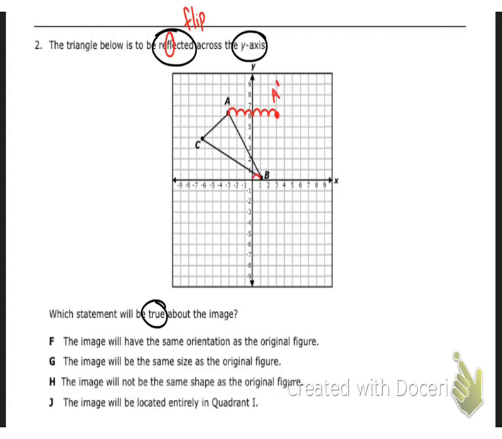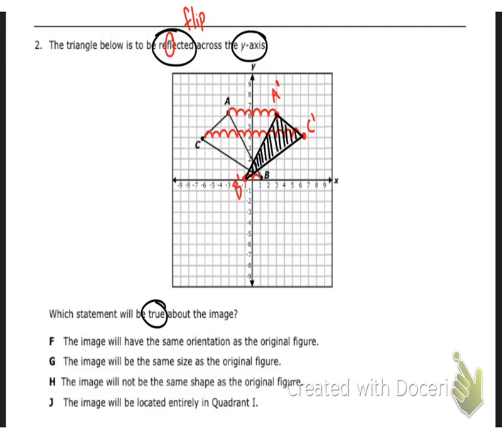So I'll do the same thing for the others. Notice B is 1 away from the y-axis, so it's 1 away on the other side. And then C is, what is that? Is that 6? So it's 6 on the other side as well. And then that is C prime. So there you go. And then I like to shade it so I can show that it's a new one, but even if you don't, it's still pretty easy to tell.